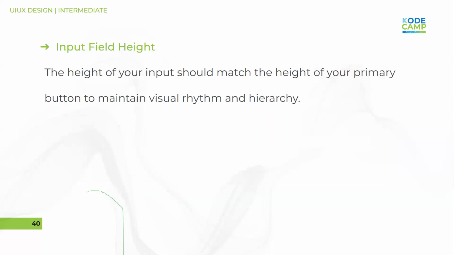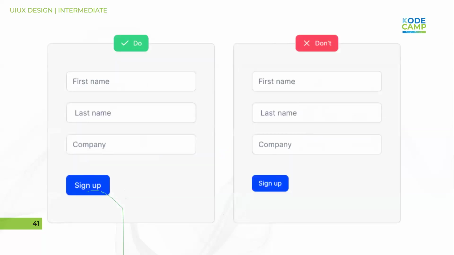Input field height. The height of your input field should match the height of your primary button. This is to maintain visual rhythm and hierarchy. If you look at the don't, you can observe that the input field here could be 48, and the sign up button at my far right could be something like 38 or 40.